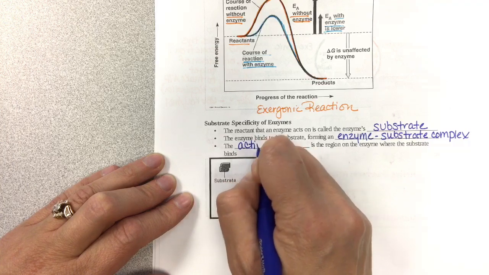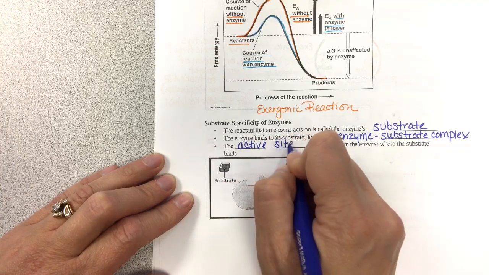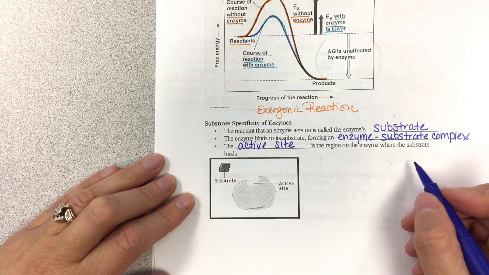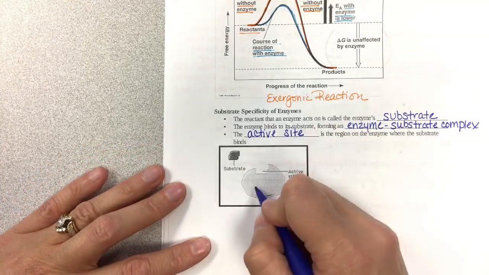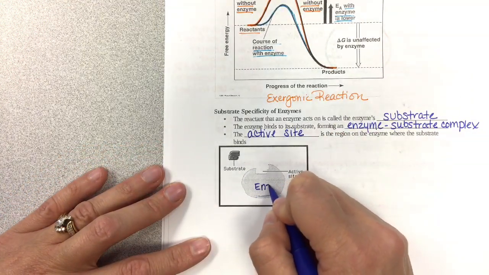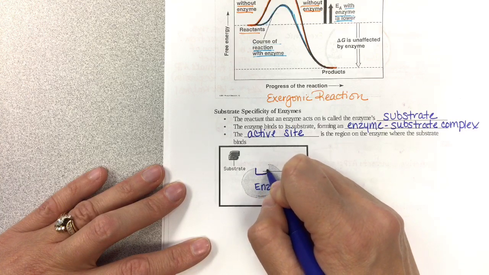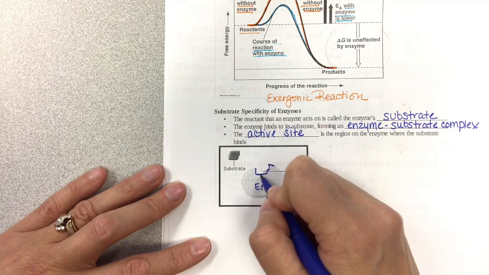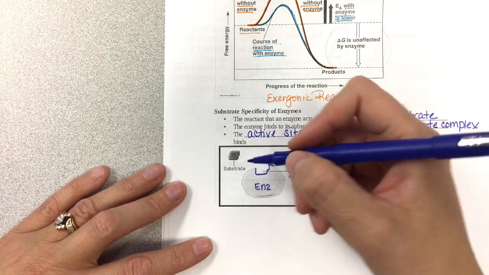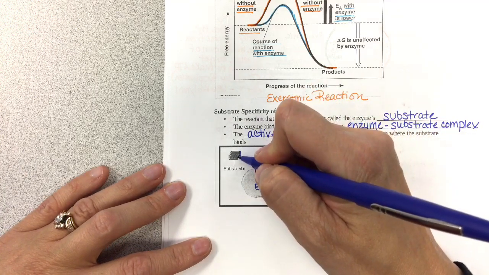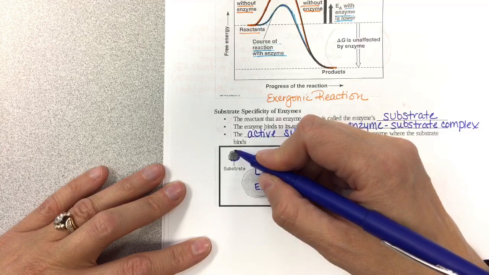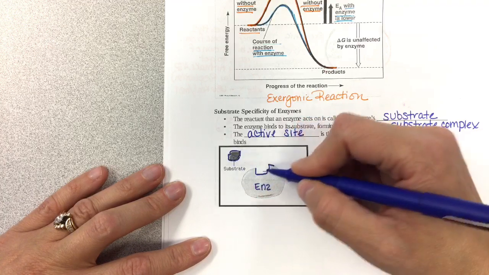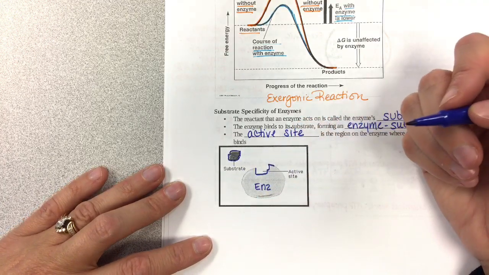So the active site is the region on the enzyme where the substrate binds. Here's a generic picture. This is your enzyme right here, and this right here is your active site. It has a specific shape, and that shape fits a particular substrate. This part has the right shape to fit into the enzyme.